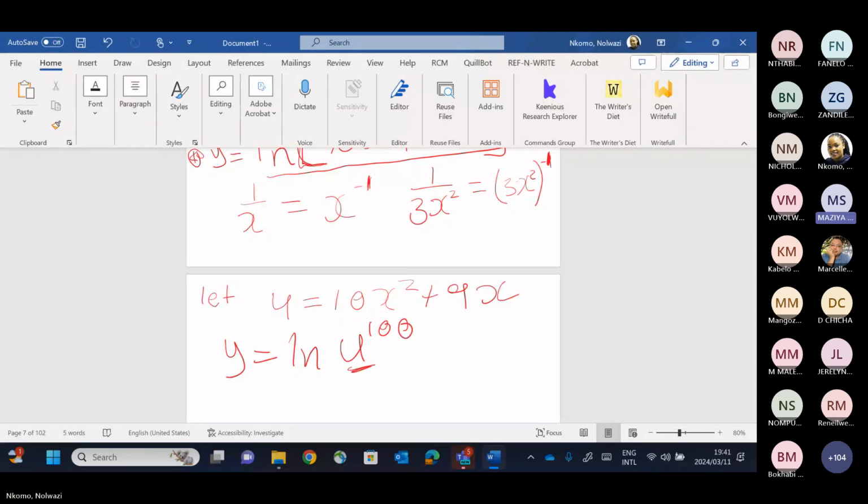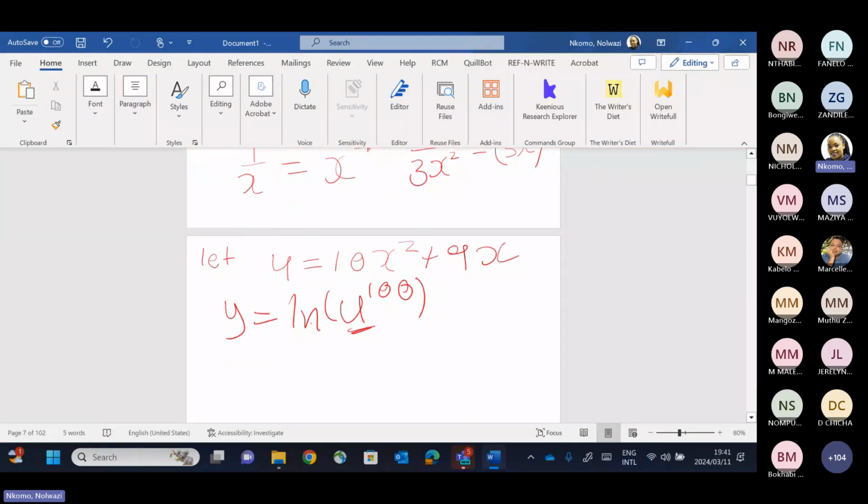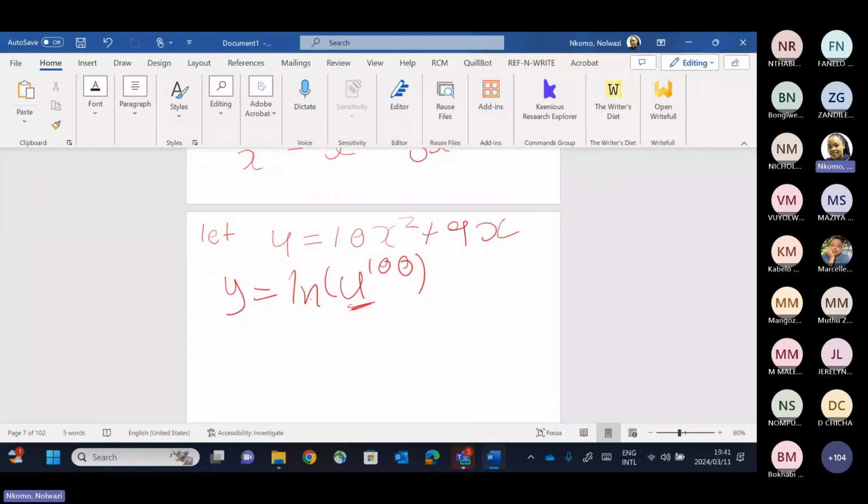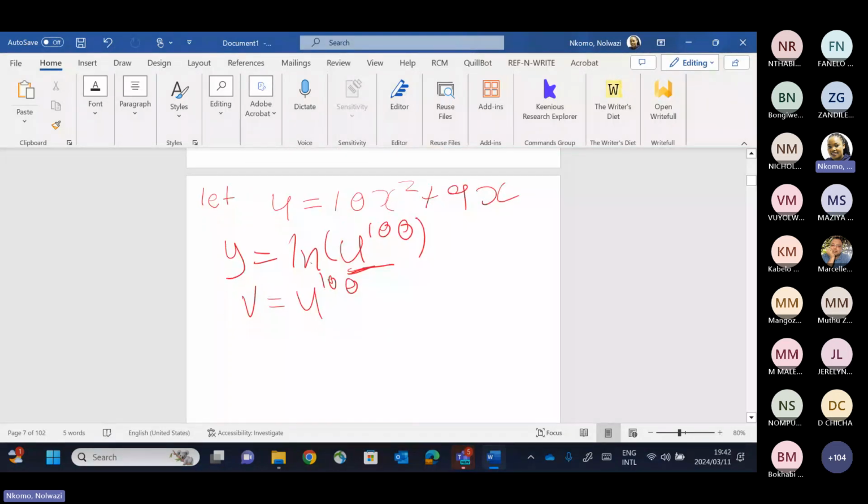But still, you cannot integrate or differentiate this directly. So we can let this u to the power 100 be another function. Let's say we let v be u to the power 100, right? So this means our function is simple now, because our function is now y equals ln v, right?